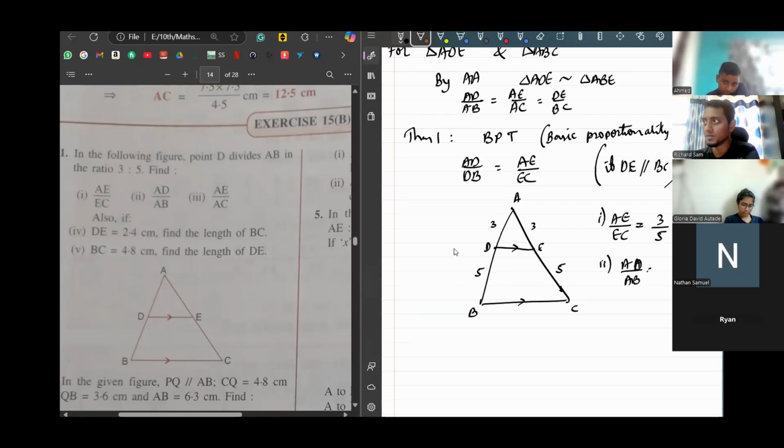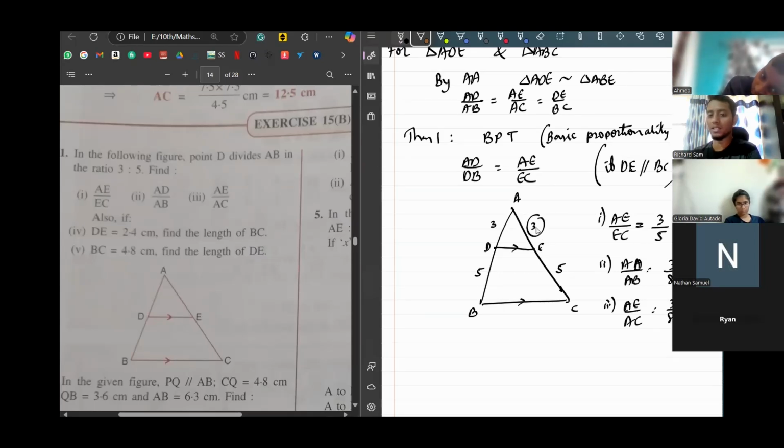AB is the full thing. Full thing is 8, 3 plus 5. So 3 upon 8. Third one, AE upon AC. 3 upon 8.